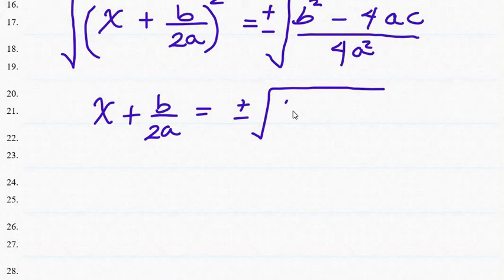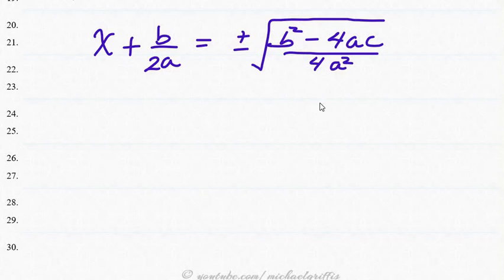So now we're left with b squared minus 4ac over 4a squared. Now you can take this square root and split it up, square root the numerator, square root the denominator. When you square root the denominator, you square root a 4, it just becomes 2, and when you square root a squared, it just becomes a.